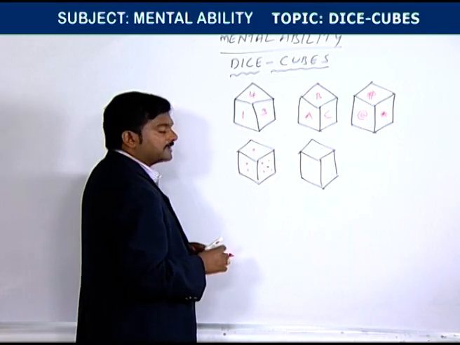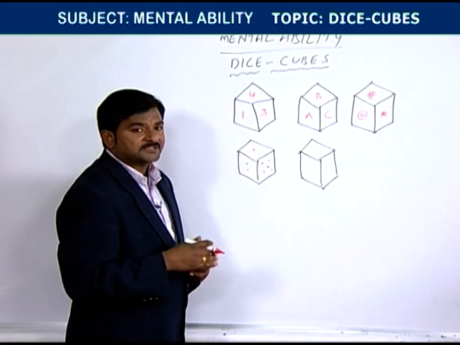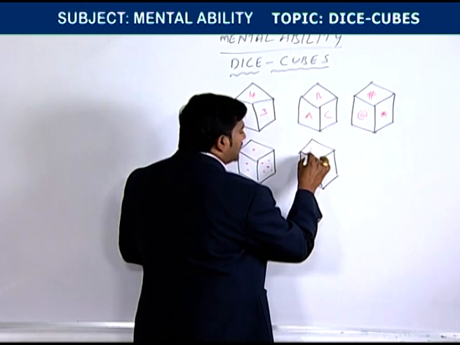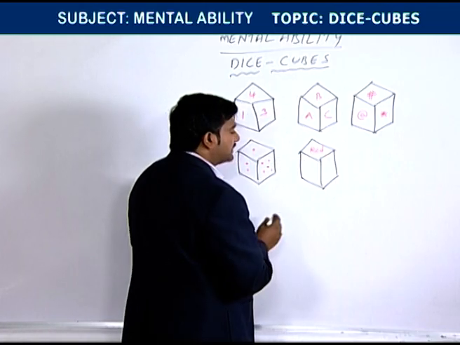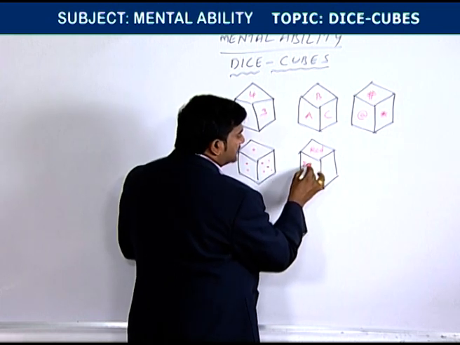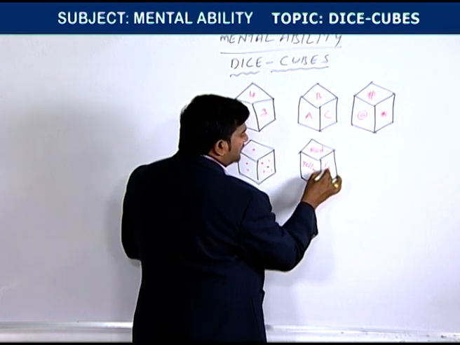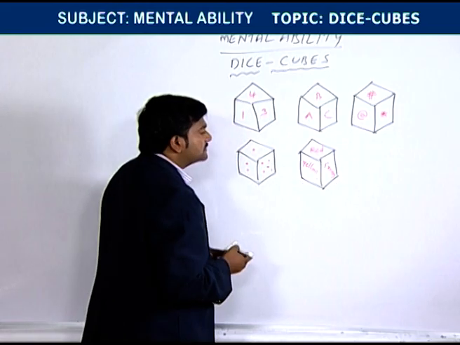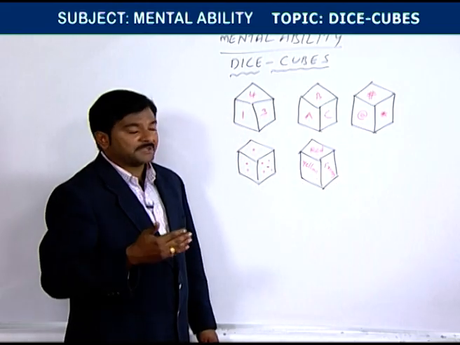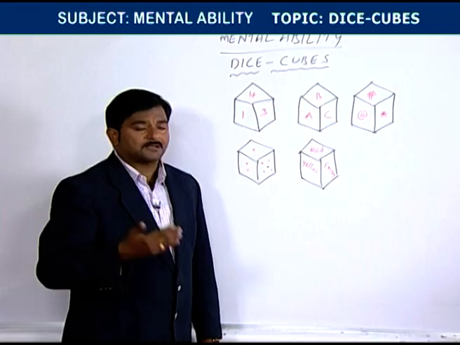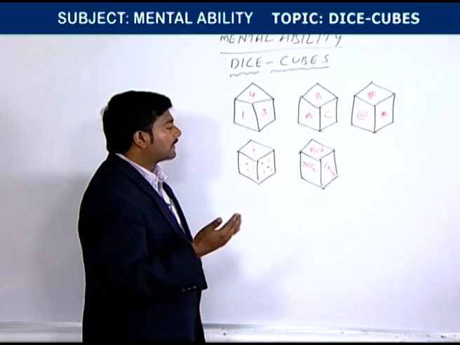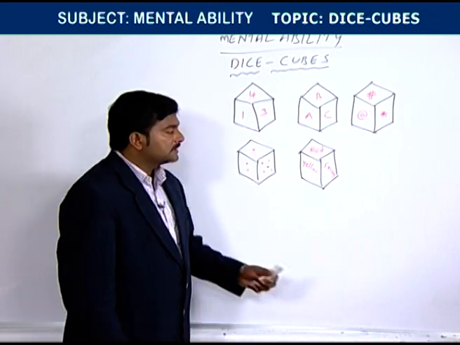And sometimes we may paint the surface also. Let's say on one surface I painted red, here yellow, and here green. Like this, there are different numbers I may assign, or alphabets, or signs on the computer keyboard, or dots, or colors. This is one point.